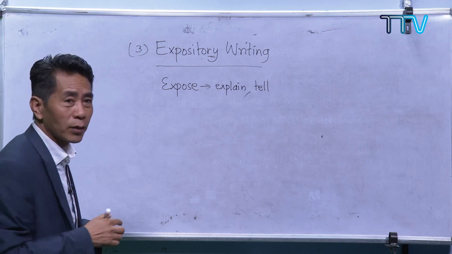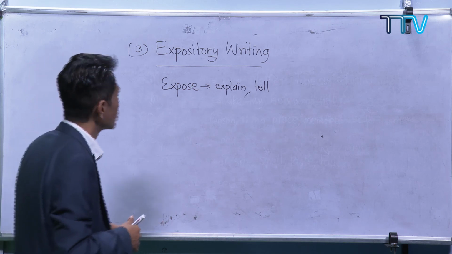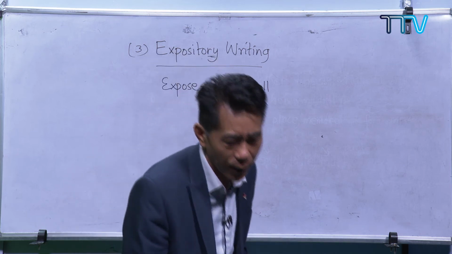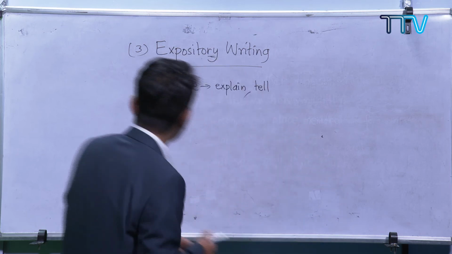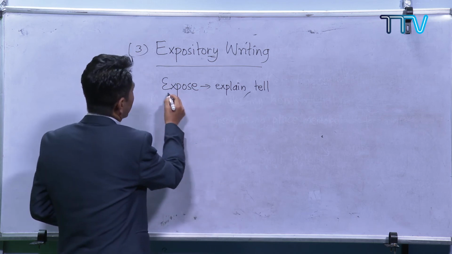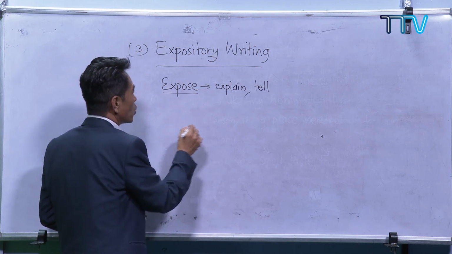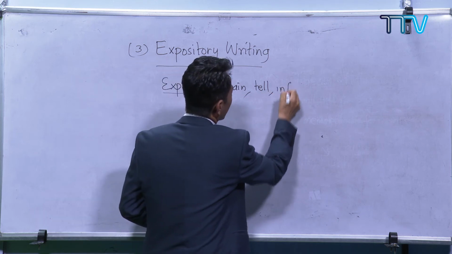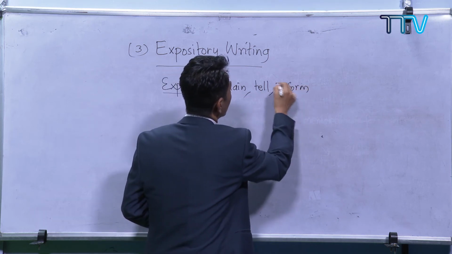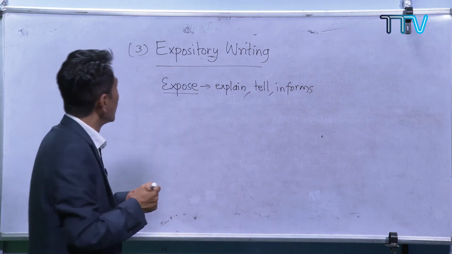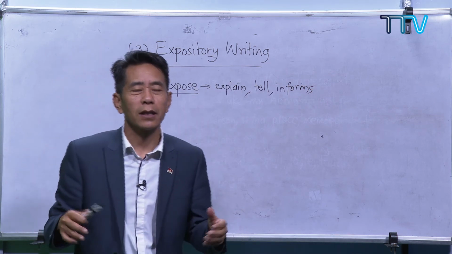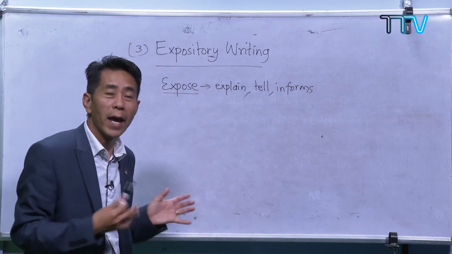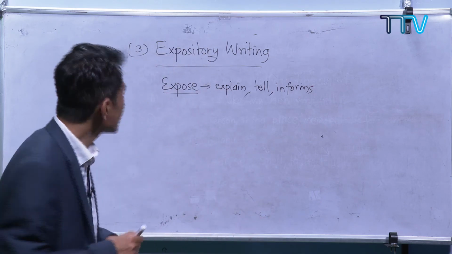So expository writing is different from descriptive writing and narrative writing. The word expose, it explains, it tells, it informs. Now, this type of writing is not unfamiliar to you. You have already seen this type of writing.